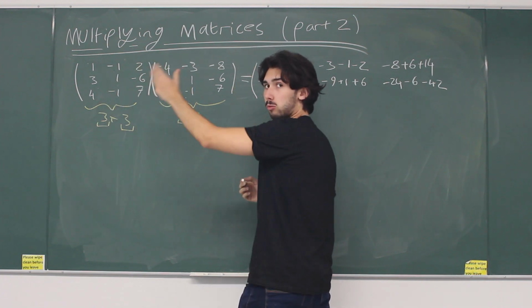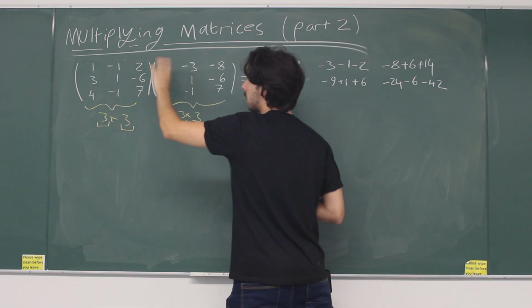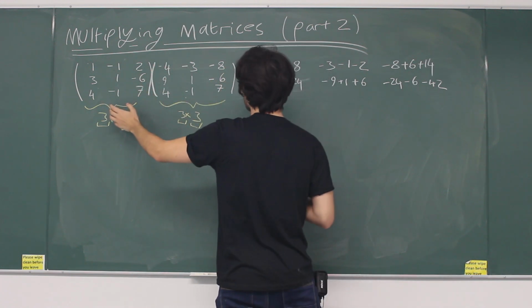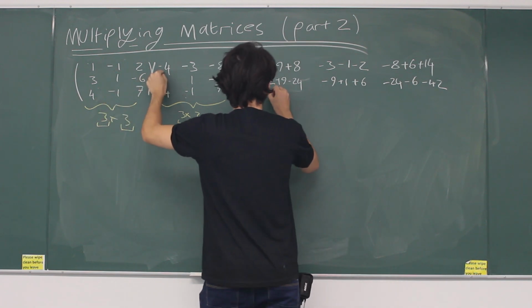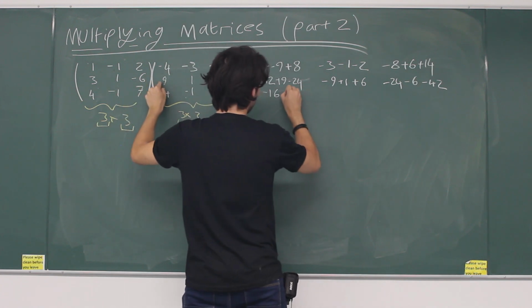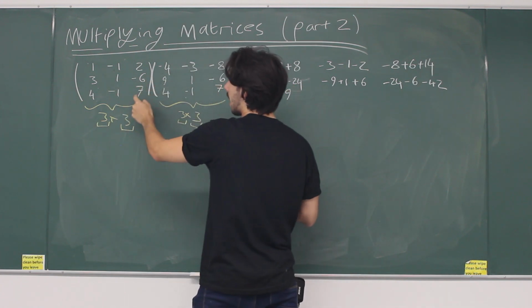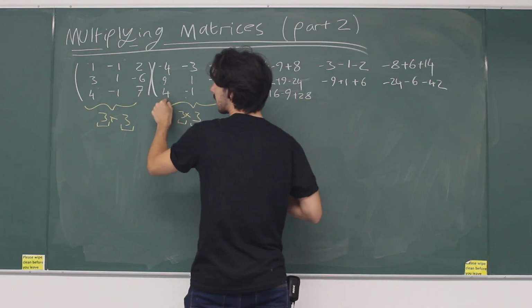So you see we're just going through the rows and columns: row, column, column, column, row, column, column, column. That's the idea. So third row, first column, 4 times -4, -16. -1 times 9, -9. 7 times 4, 28.